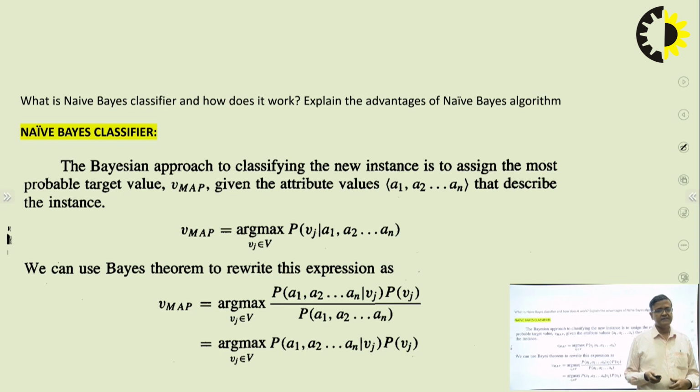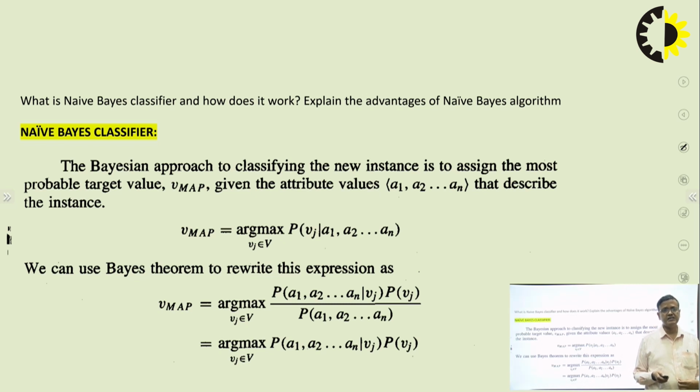So in a naive Bayes classifier, what we do is we say that in the term, the probability of the attributes given the target value Vj, the attributes a1, a2 and an are all conditionally independent, given the observed value of Vj.